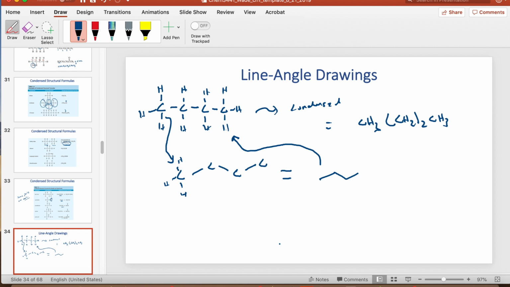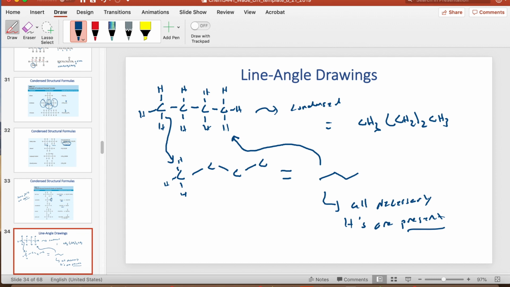If you see a line drawing like this, it's telling you all the necessary hydrogens that should be there are implied to be there. So this implies that all necessary H's are present, that everything that should be there is in fact there.